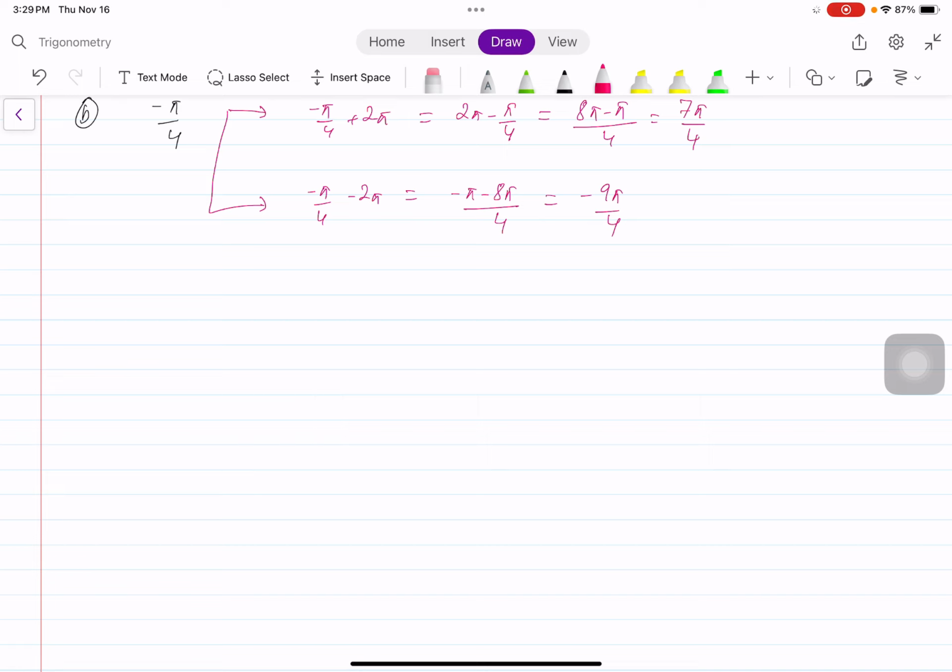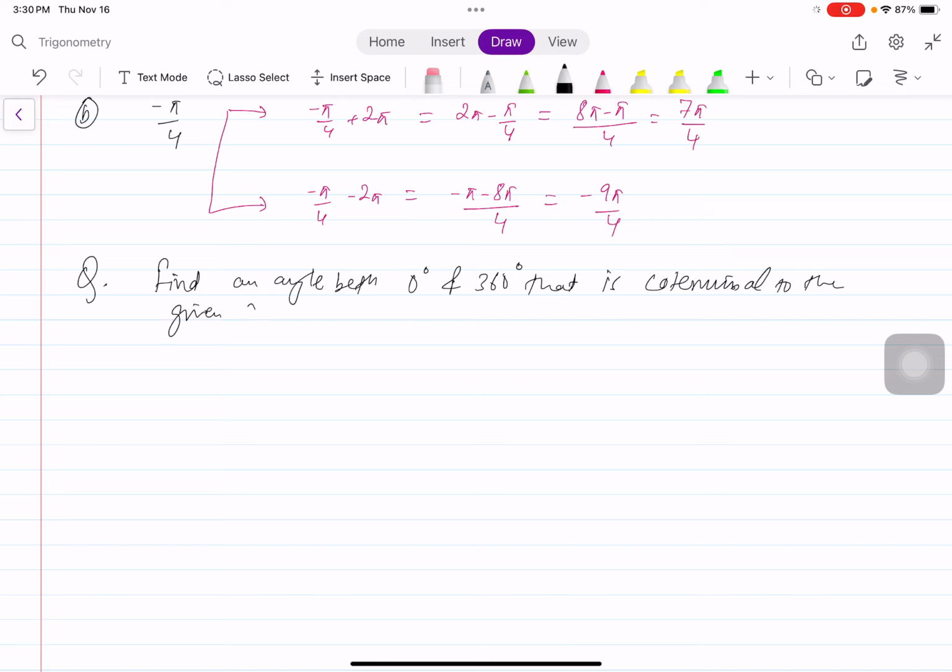But say I only want to find a coterminal angle that lies between 0 and 360. So find an angle between 0 degrees and 360 degrees that is coterminal to the given angle.